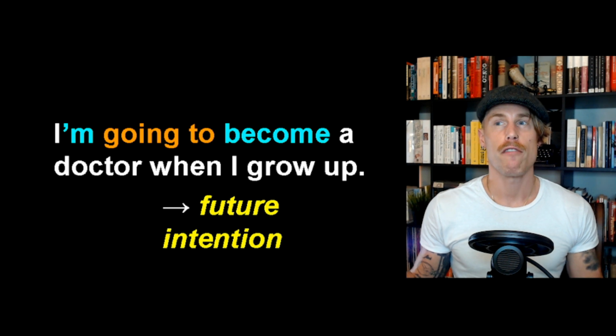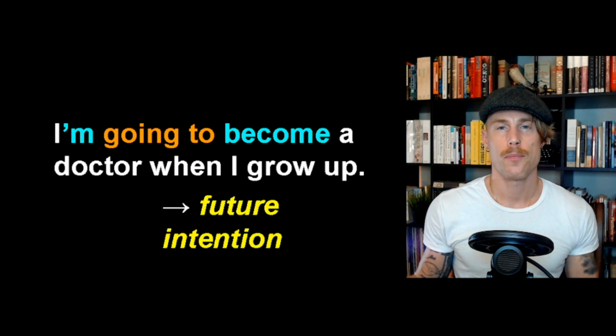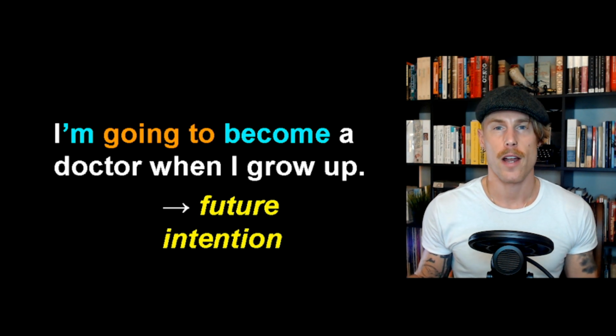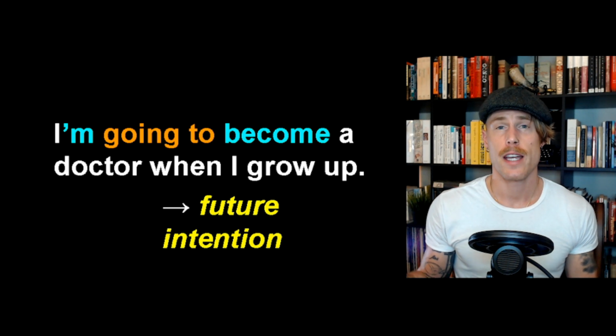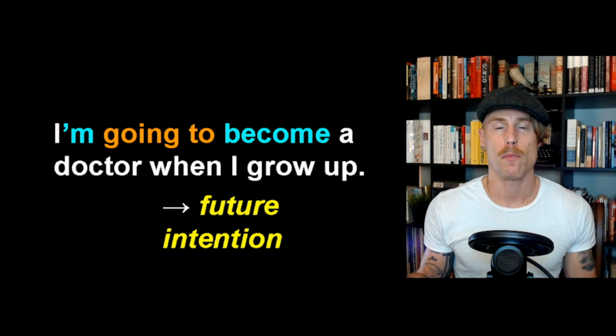This is a future intention. We can imagine a young child saying this, right? But we don't know if it will be true. Maybe the child will change his mind and want to become a lawyer instead. So it's an intention, not a plan.